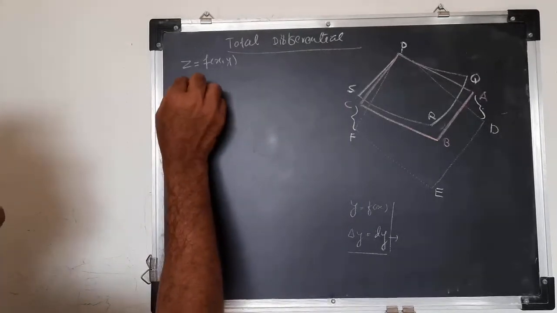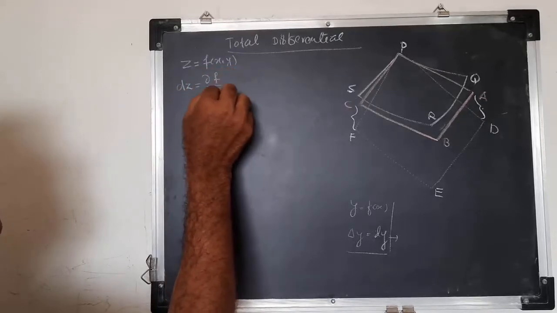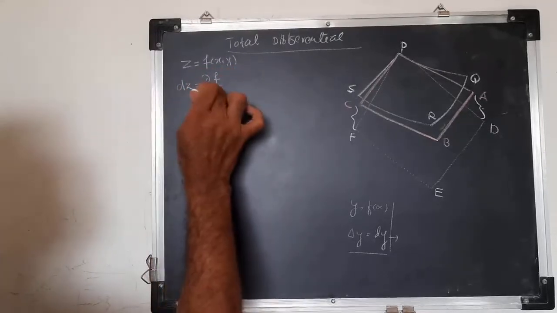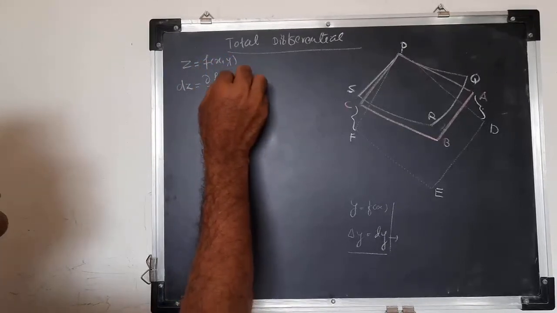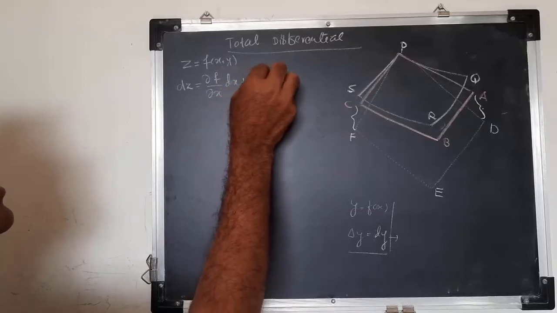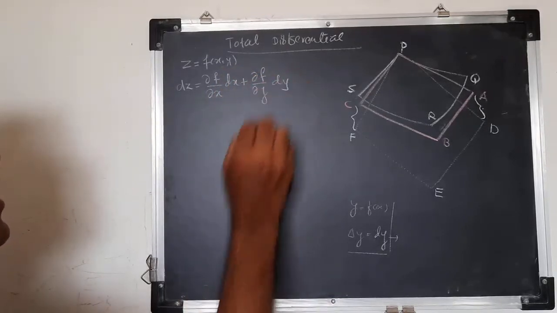So basically dz is nothing but ∂f/∂x dx plus ∂f/∂y dy. Why do you use the word ∂ by ∂x? Because this is partial differentiation, since it depends upon two variables.